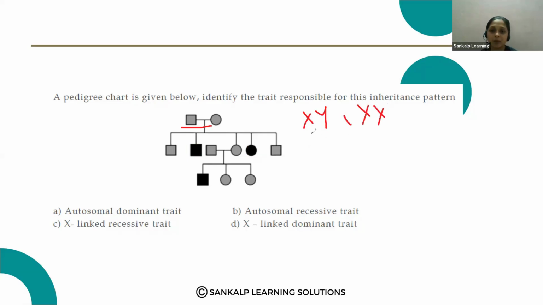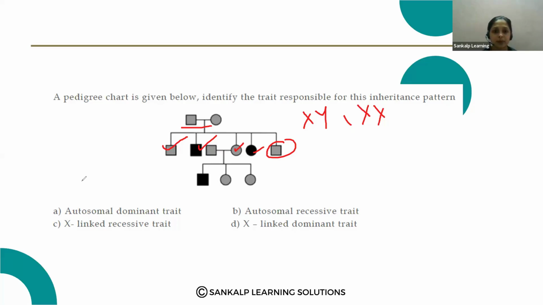When they produce the offspring, here two females and, sorry, totally 1, 2, 3 males. So out of these 3 males, one is affected, and in females, one is affected.